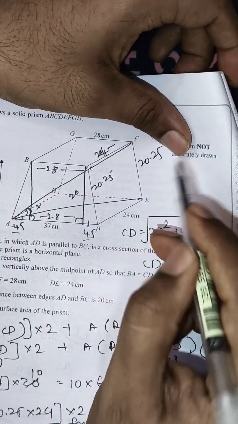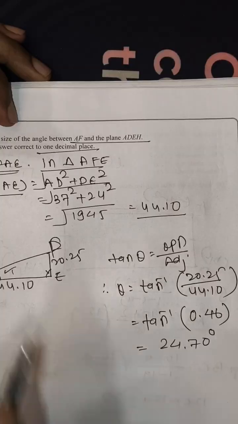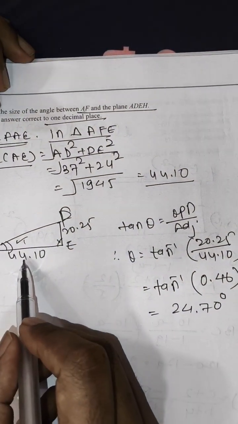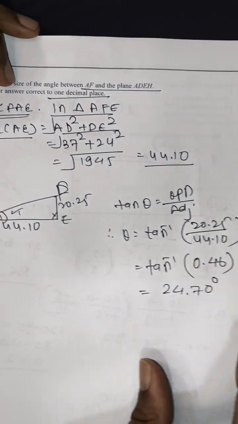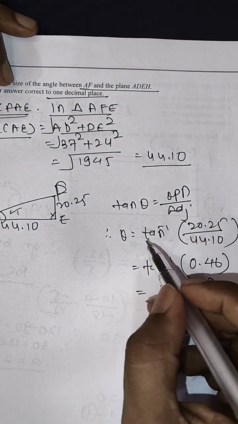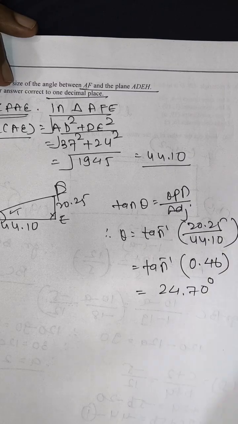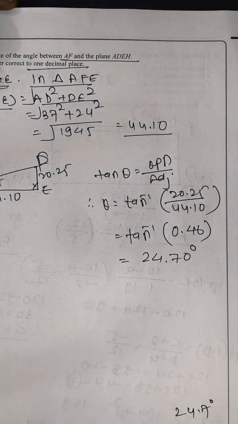This FE is 20.25, which we got from Pythagoras theorem in the previous question. So I got a small triangle here which I have drawn, correct? This is 44.10, this is 20.25. So obviously for me, it is tan theta, opposite upon adjacent. So tan inverse is this upon this, correct? So tan inverse of 0.46 is 24.70. Cool. Let's go to the next one.